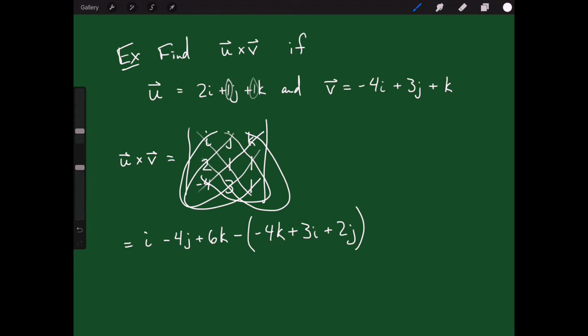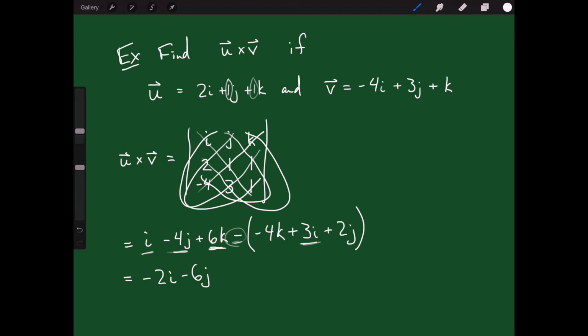Okay, so now I can distribute that negative, and I get 1i here, and then I get -3i's here, because I distribute this negative right here. And so I get 1i minus 3i's is -2i's. Then I get -4j minus 2j's, so that's -6j's.